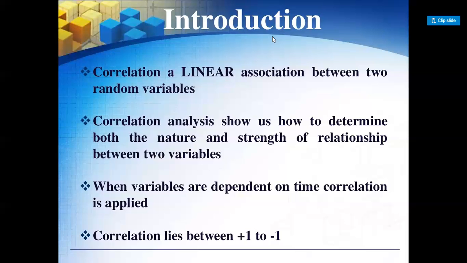Next is pure chance. The correlation between two variables may be obtained due to sheer coincidence. Such a correlation is known as spurious. So while interpreting the correlation coefficient, it is essential to see if there is any likelihood of a relationship between the variables under study.